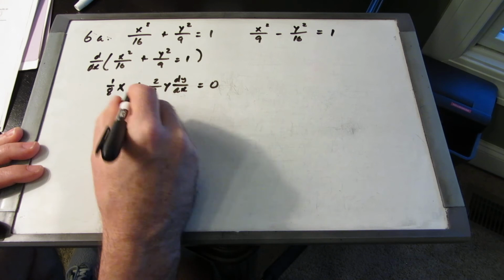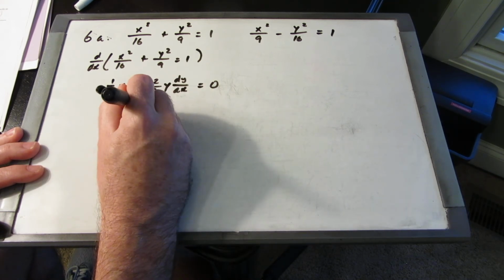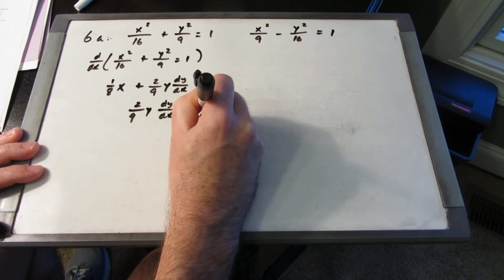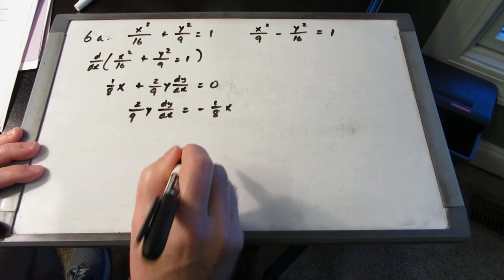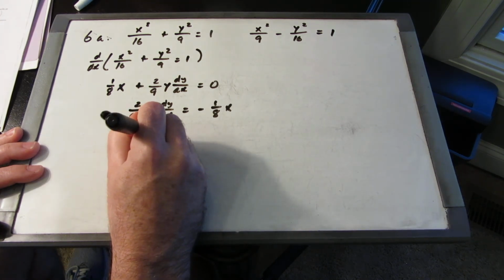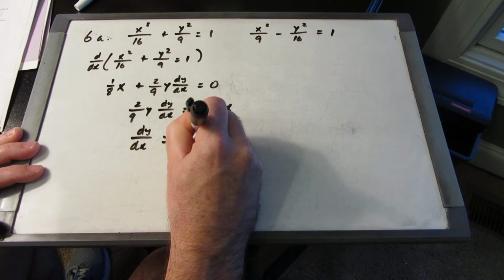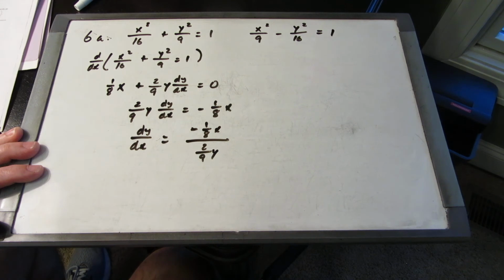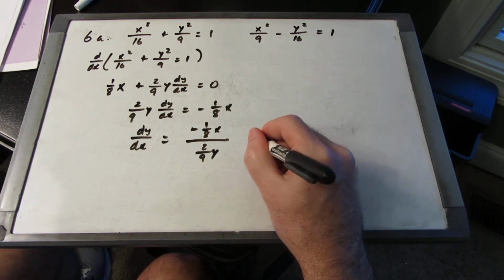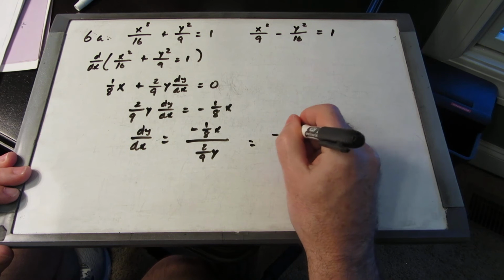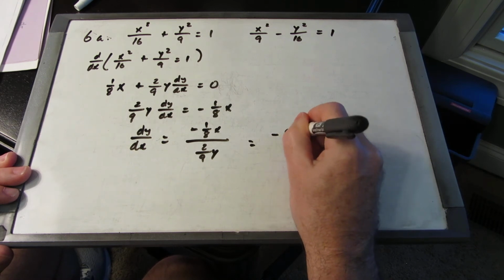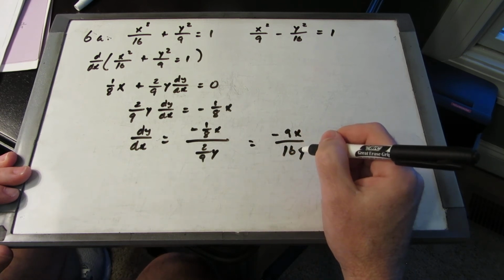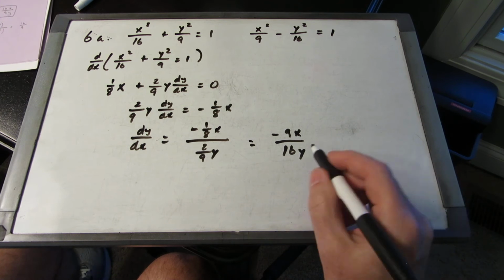Alright, solving for dy dx, I would have 2/9 y dy dx is equal to negative 1/8 x. So dy dx is equal to negative 1/8 x over 2/9 y. And when you flip and multiply those fractions, you'll get negative 9x over 16y. Okay, so that would be the answer to part A.